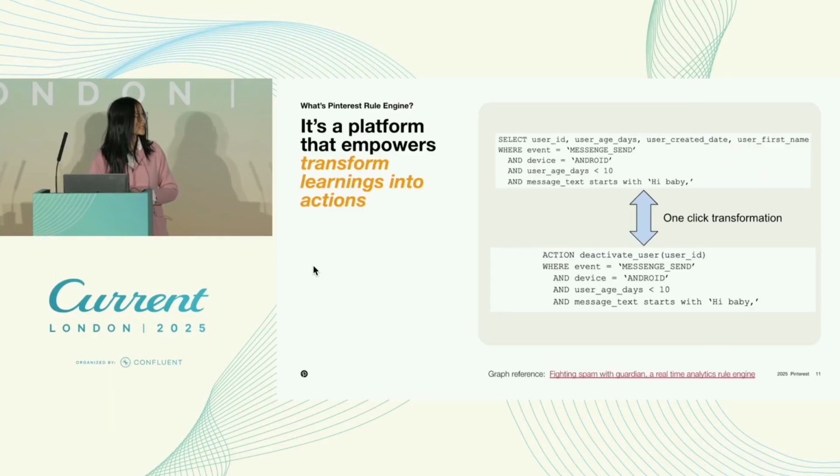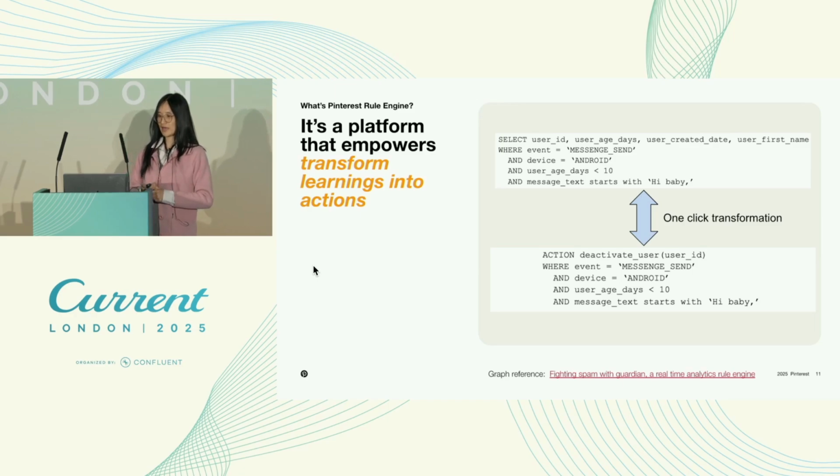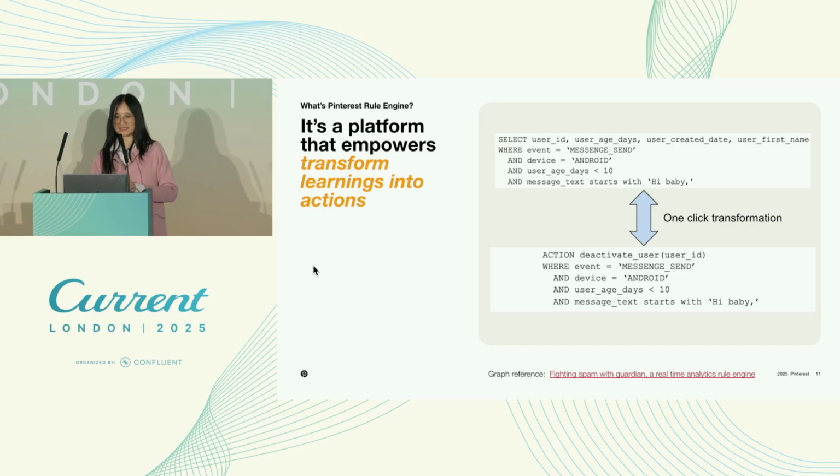That leads to the second function Guardian provides to our stakeholders, which is to allow them to translate their learning into simple Guardian rules. I just show a very easy to understand example. By the way, this is a fake example because in the real world it's much more complicated than this one.